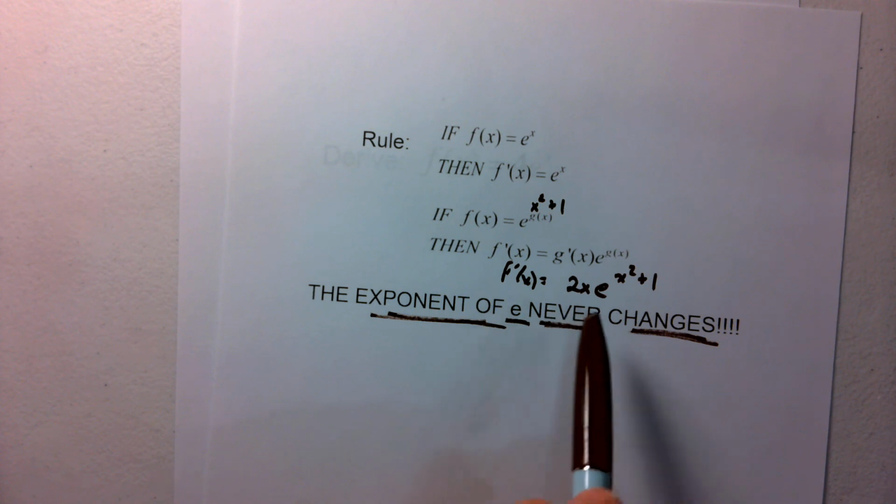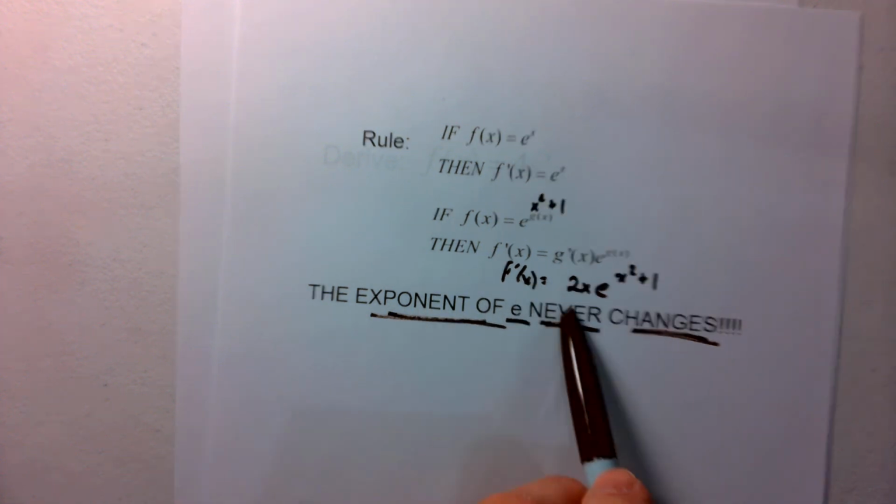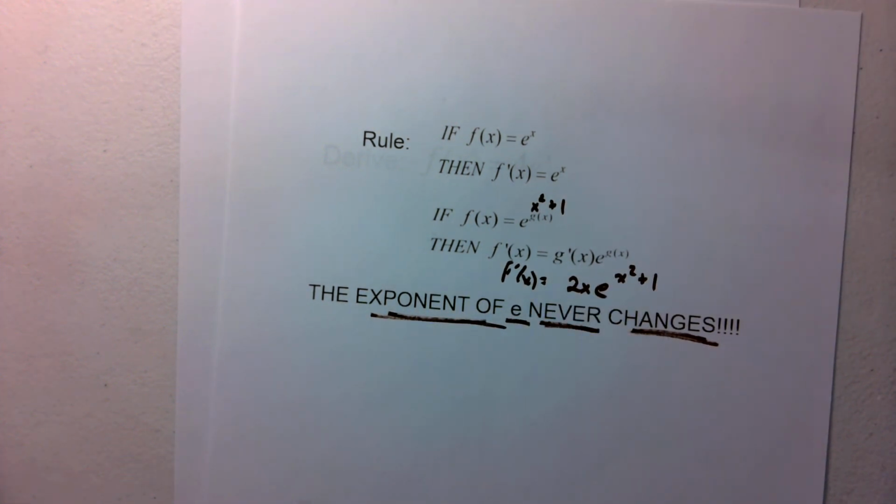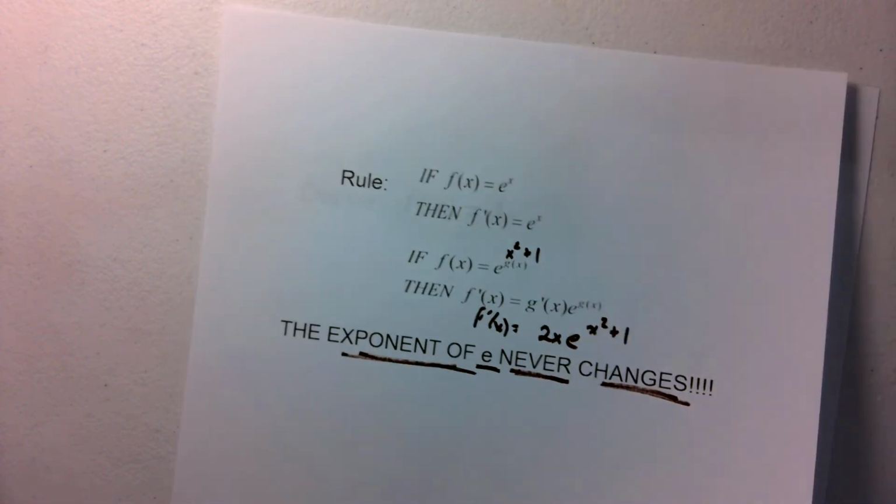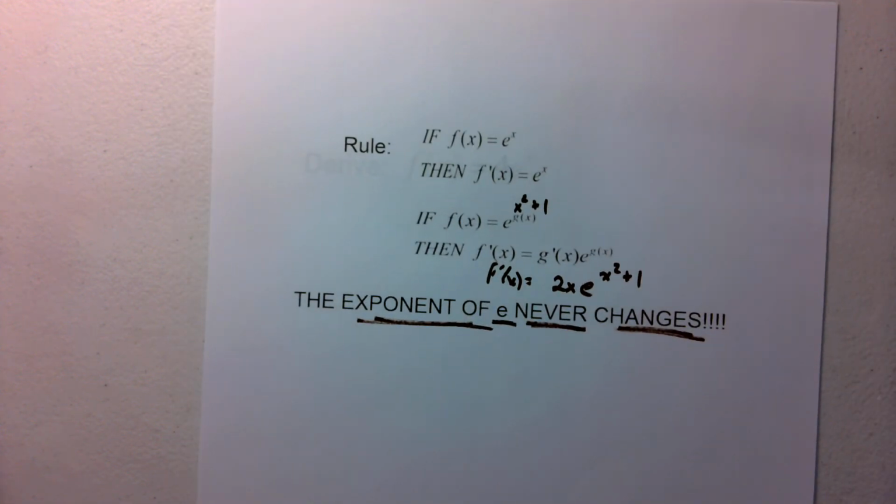The exponent of e will never change. I will not say that enough, because ultimately somebody will try to change the exponent of e, and I will tell you again and again, the exponent of e will never change. Good luck, enjoy. If you have questions, let me know.